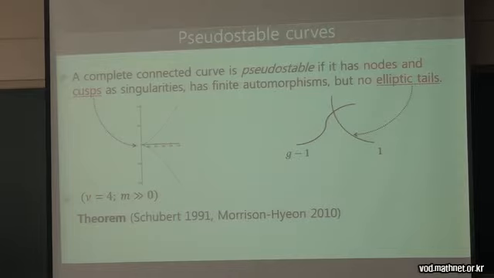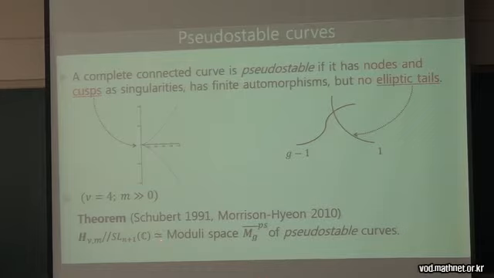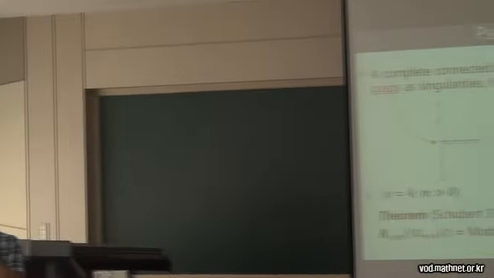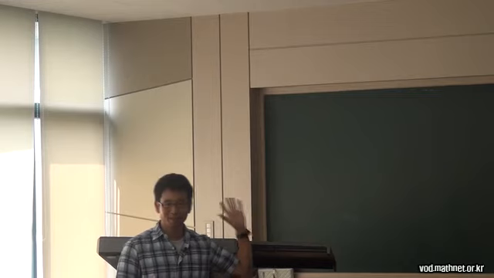Then the resulting moduli space parameterizes exactly the pseudo-stable curves, not these curves. So again, the important thing to take away from these slides is that you do GIT to construct the moduli space, and the semi-stability condition depends on the geometry of the curve.